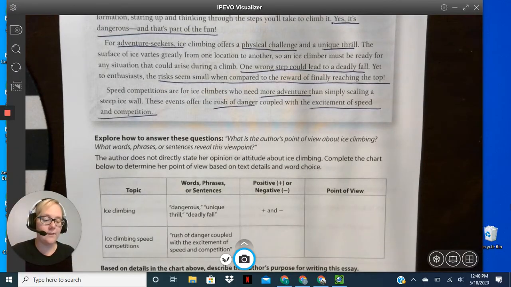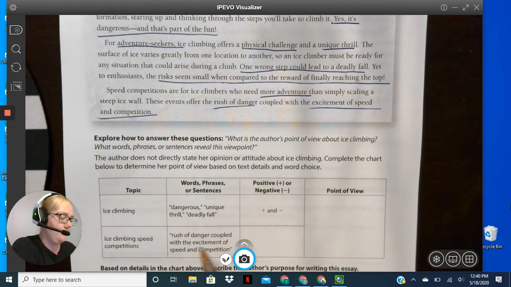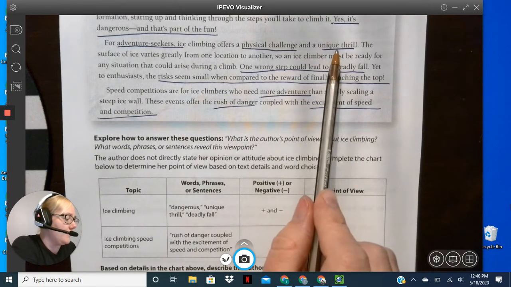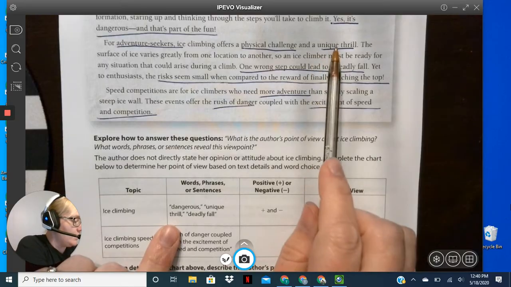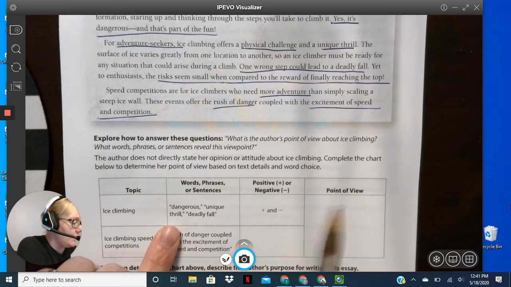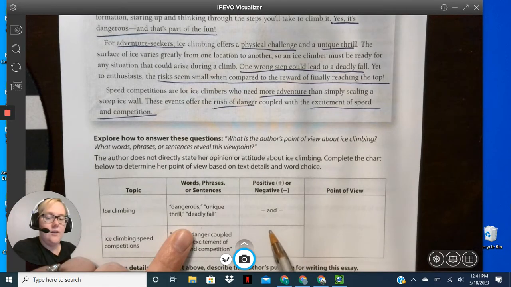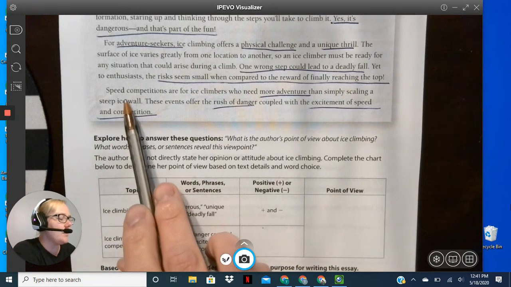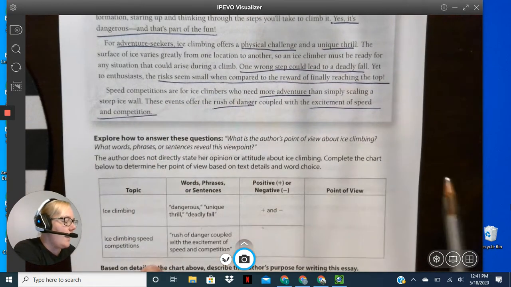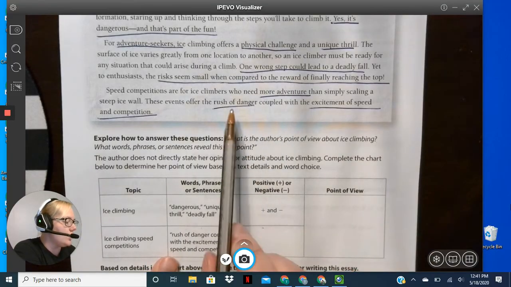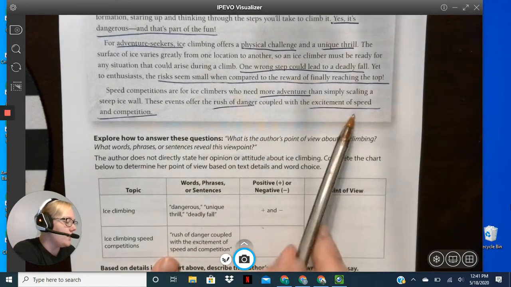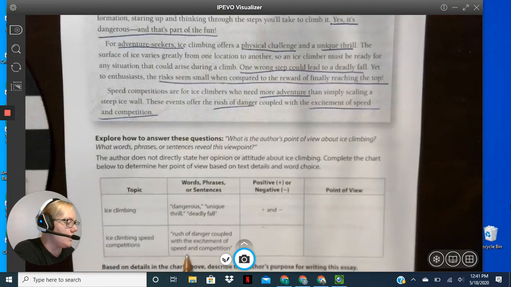So if I'm looking at the topic of ice climbing, I underlined things like dangerous, unique thrill, physical challenge, deadly fall. Some of those are negative and some of those are positive. Okay. In the last paragraph, it talks about speed competitions, and she uses words like adventure, rush of danger, excitement of speed and competition.